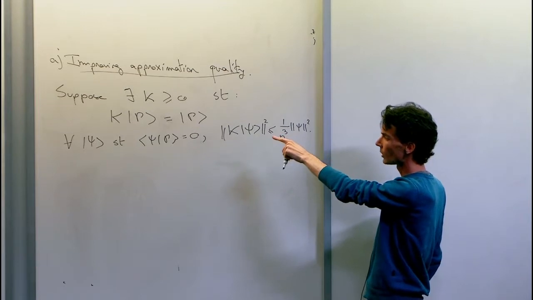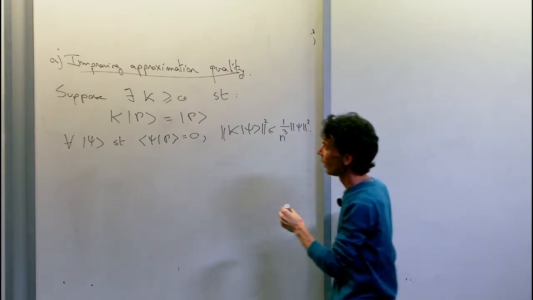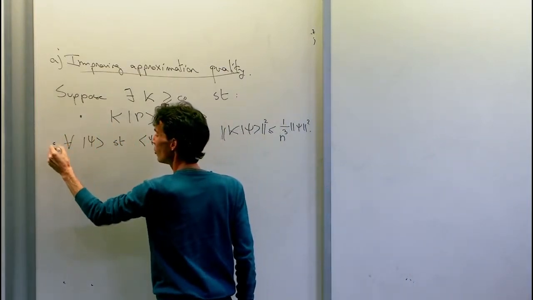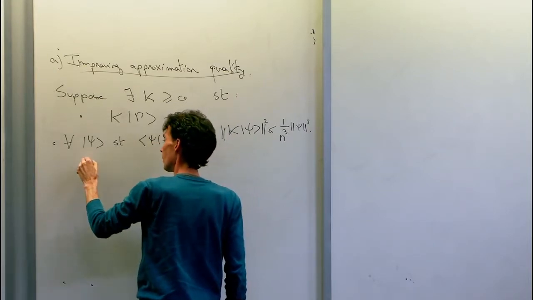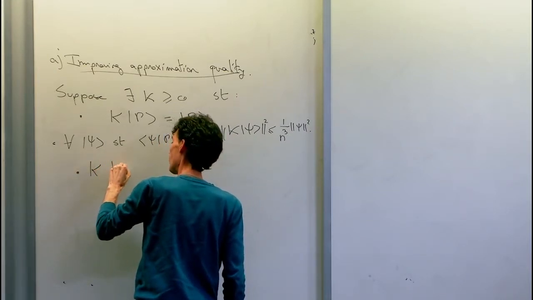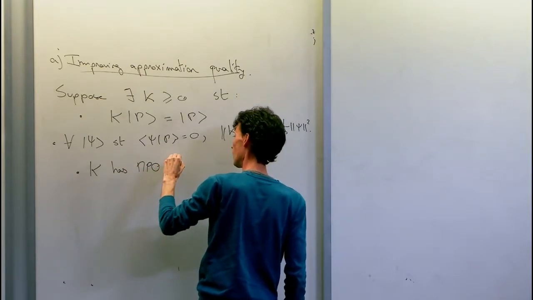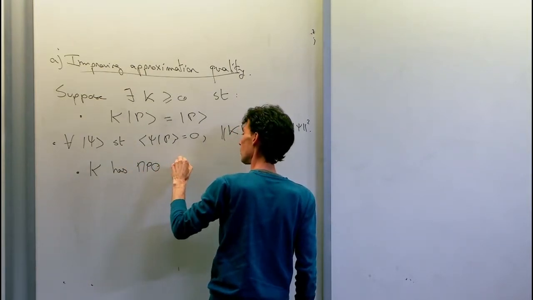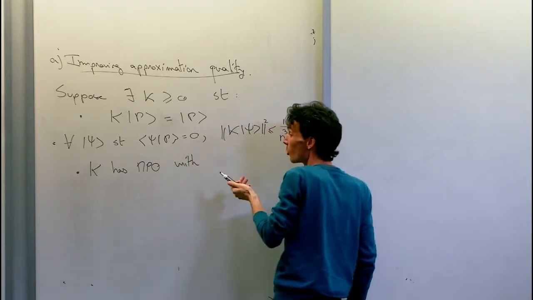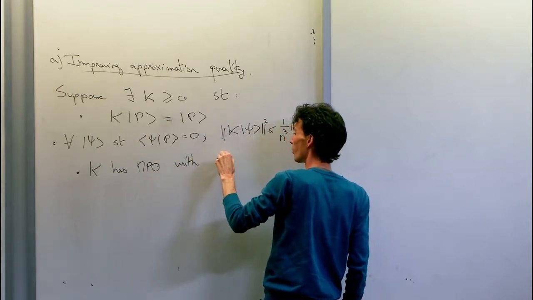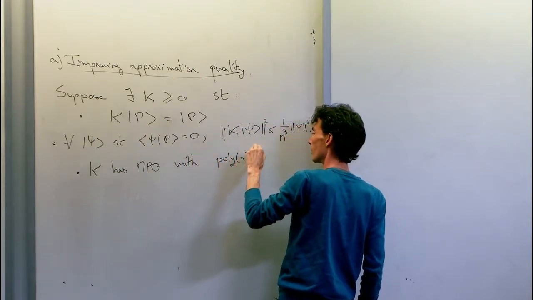So it keeps the ground state invariant, it shrinks the other states. That's property 1, property 2, and property 3 is that K has a matrix product operator representation with small bond dimension. Let's say I'll just write poly n bond dimension.